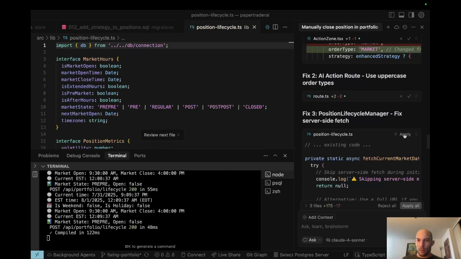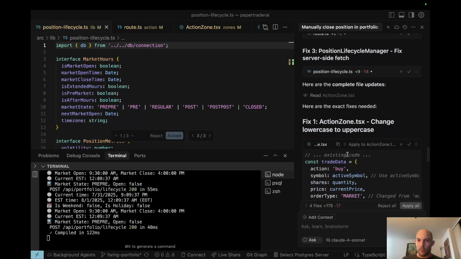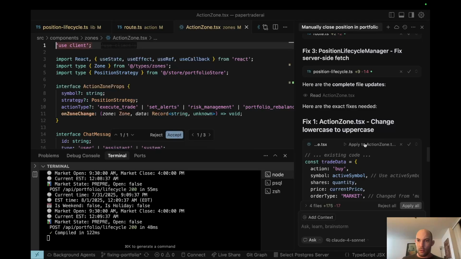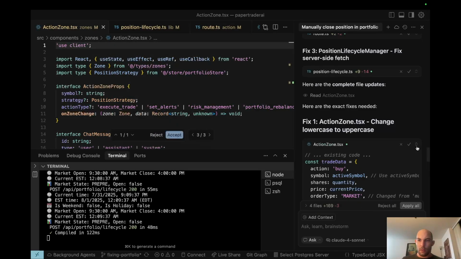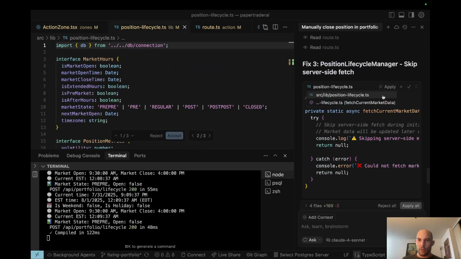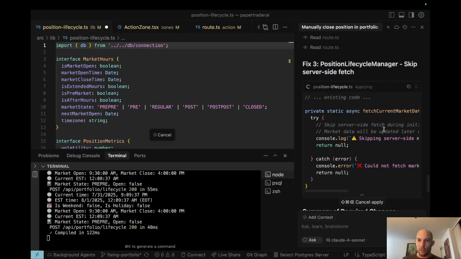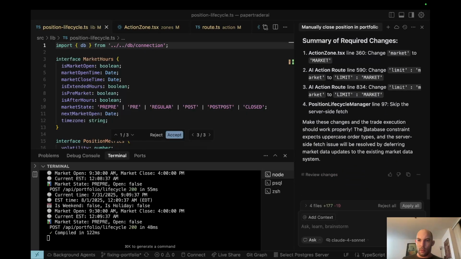Good so far. Okay. Skip server side fetch. Okay.